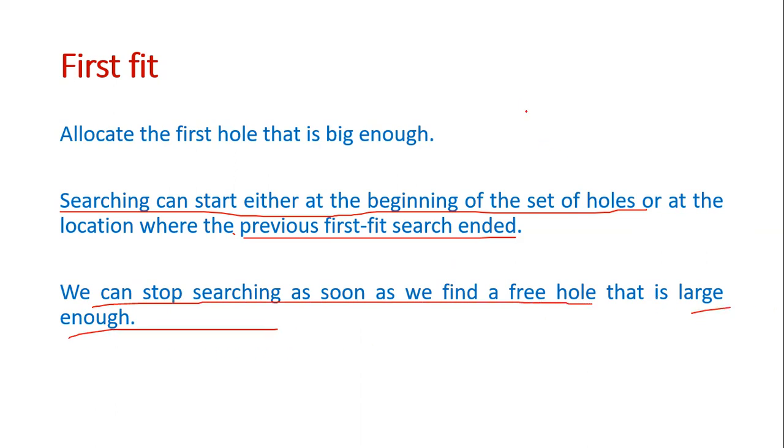I'll tell you one simple example just for imagination. Suppose you have a total of 500 KB. Here I have some partitions, let's say five. Just imagine, this may be a 150 KB hole, this is 150, and this is 100, so together we have 250.